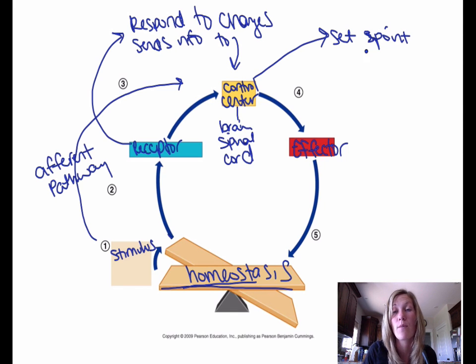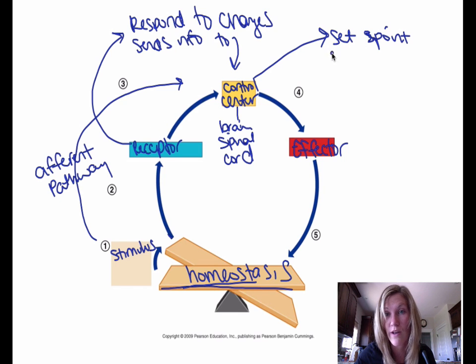If your body is 100 degrees Fahrenheit, then all of a sudden the control center is going to determine that the set point should be 98.6. So it's going to then hopefully make some changes to lower that body temperature. So it determines the set point.